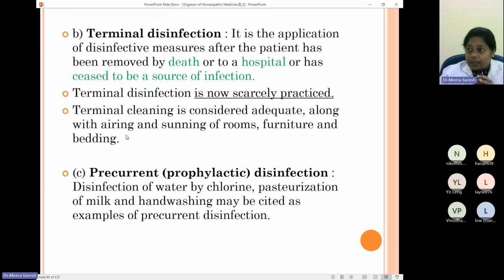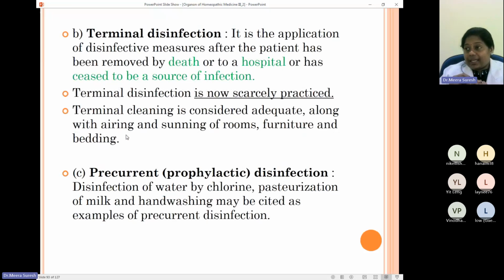When he has passed away, everything is removed, cleaned, etc. Or if the patient has been transferred to a hospital, then that room is cleaned, or after the person has ceased to be a source of infection, after he has cleared the disease.